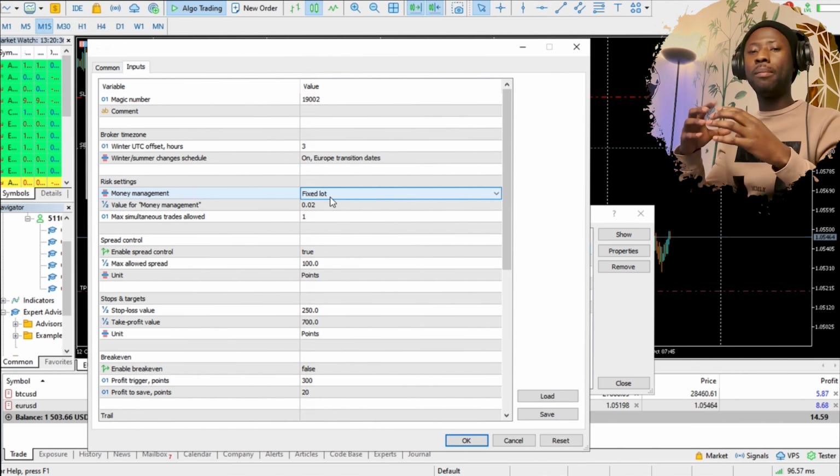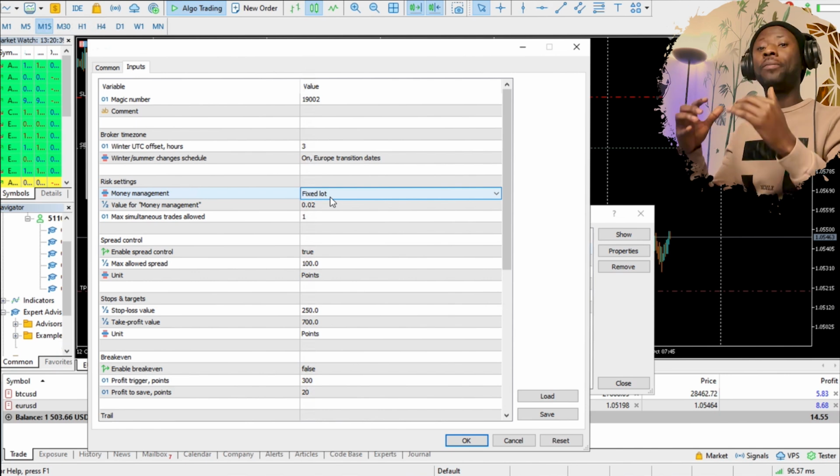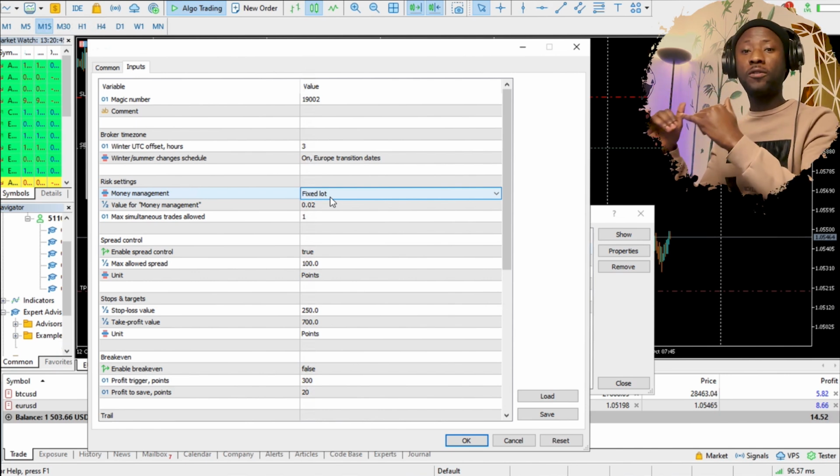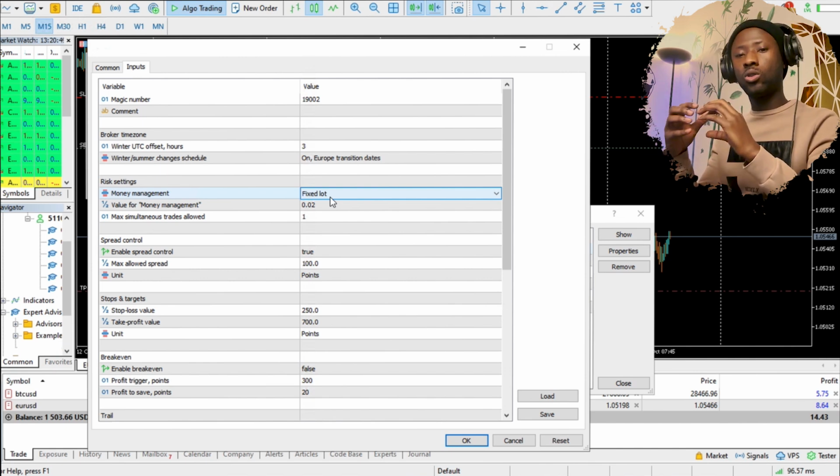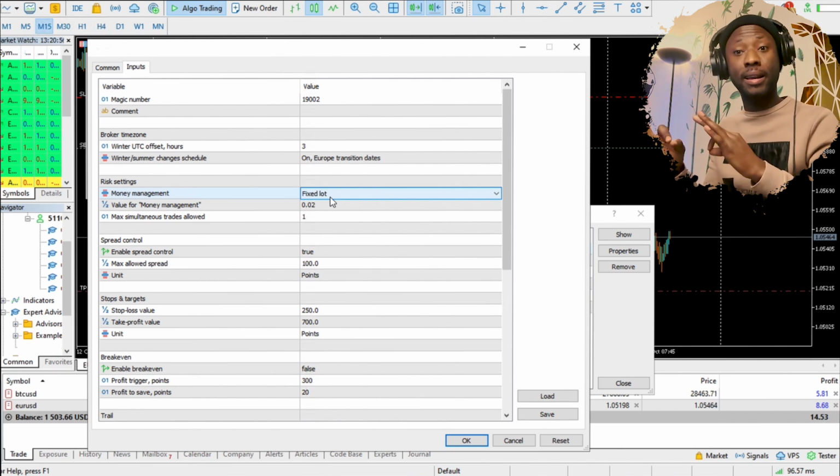There is a mathematical equation in the script, in the software, that every time your account reaches a certain figure, the robot will increase the lot size.